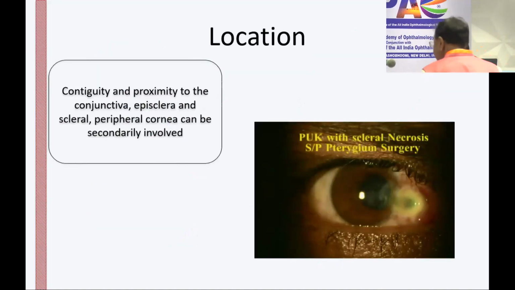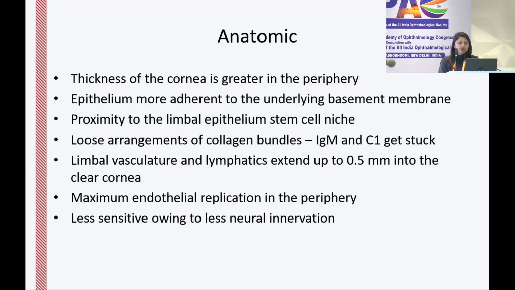The other thing is that the contiguity and proximity of the conjunctiva, episclera and sclera to the peripheral cornea also expose it to the antigens, and it can get secondarily involved. We've covered most of these points. Also, the complement C1 and IgM, like immune complexes, are large molecules and don't penetrate beyond the peripheral cornea.